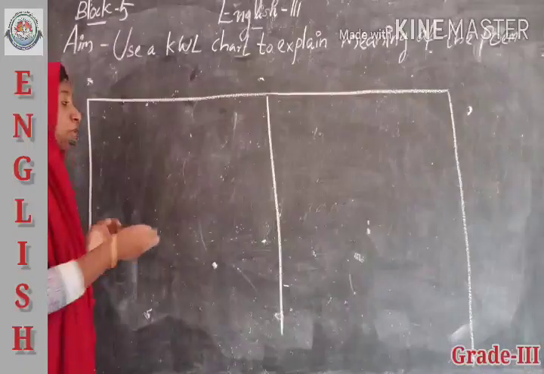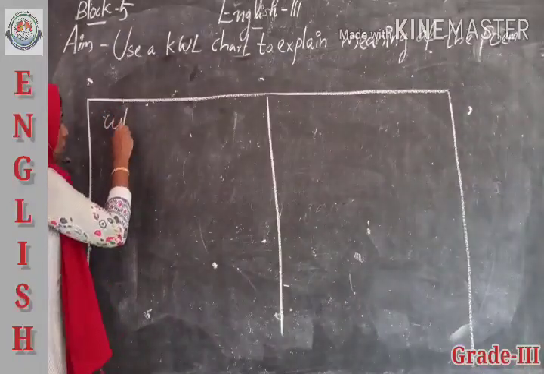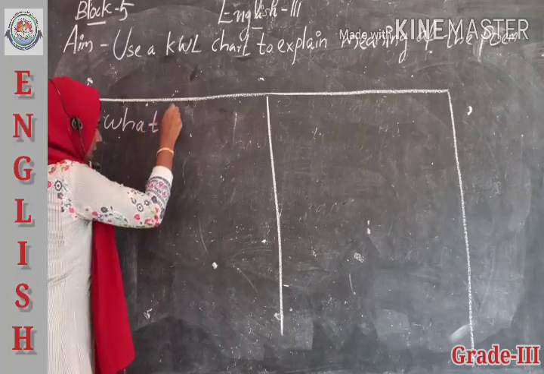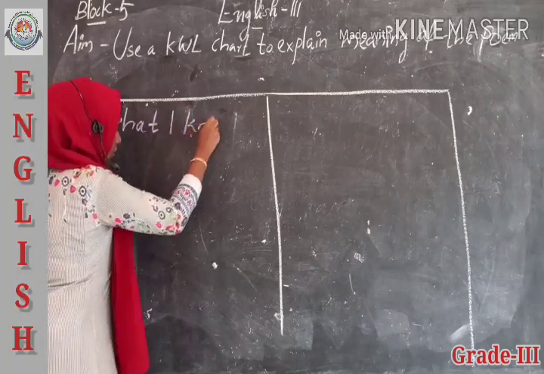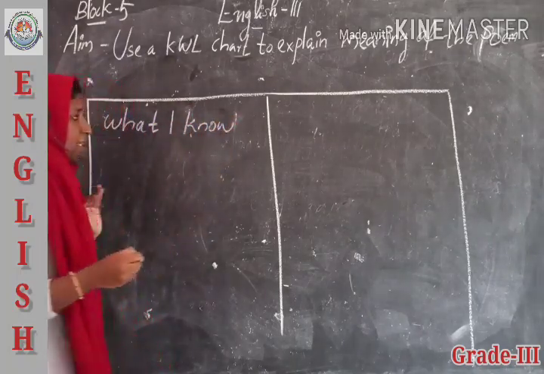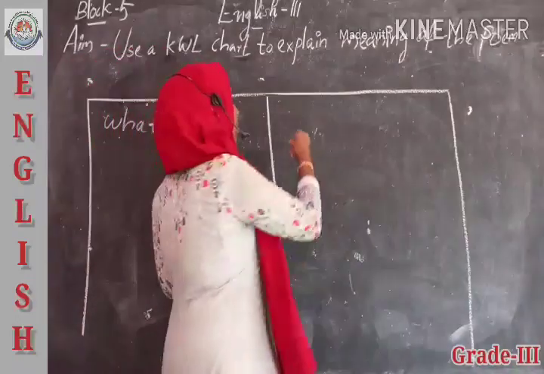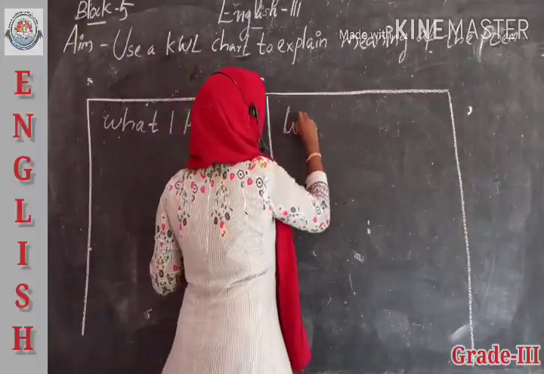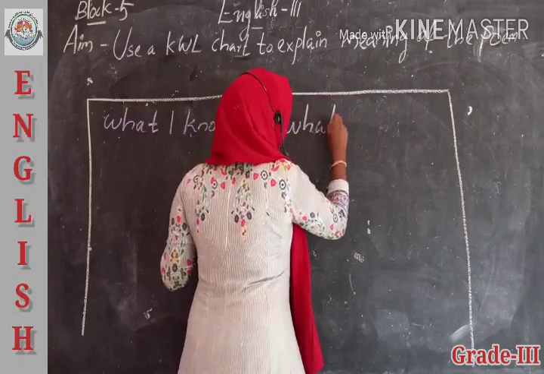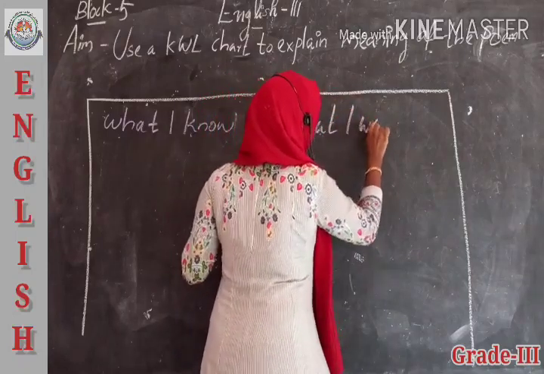And in the first column you have to write what I know. And the second column, what I want to know.